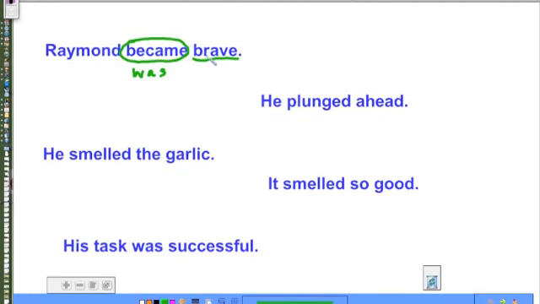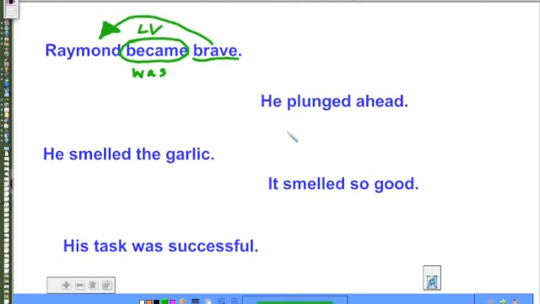In this instance, I would say yes. Brave links to Raymond. Okay? So, brave links to Raymond because brave is actually a state of being. It's describing Raymond. And since it's describing, that lets me know that it is a linking verb.